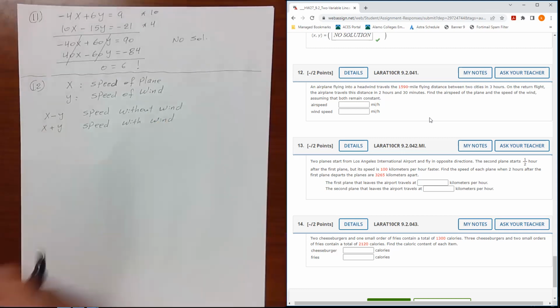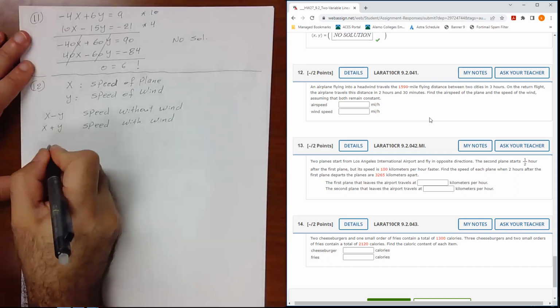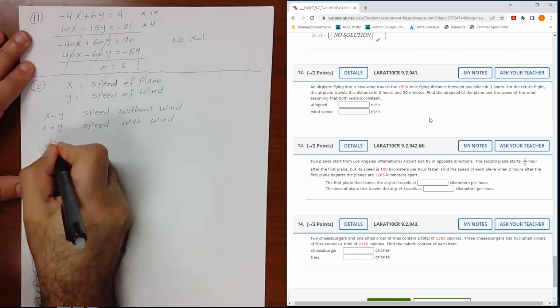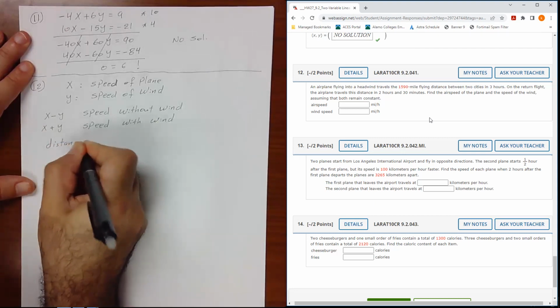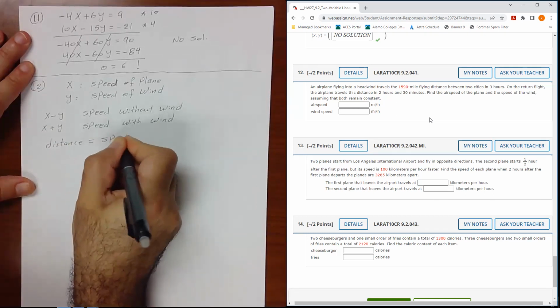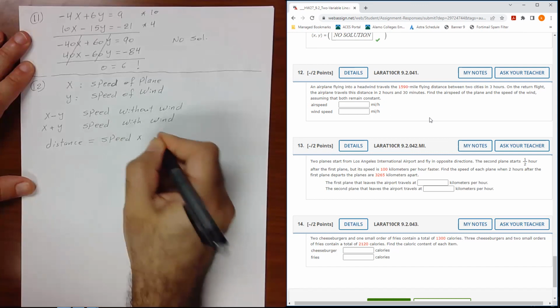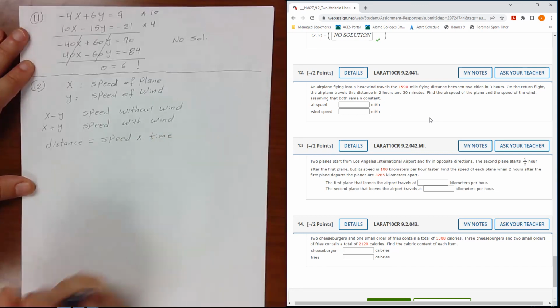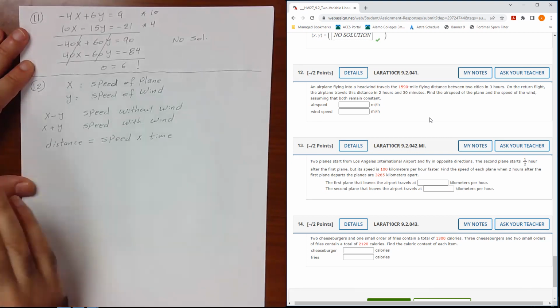So now let's check that. We have a formula. It says the distance equal the speed times the time. Let's use this formula to find the equations.